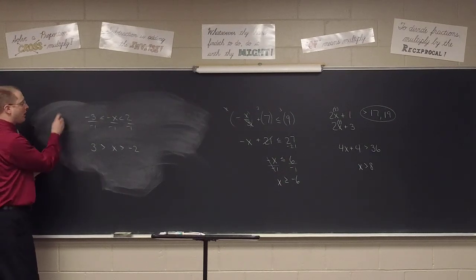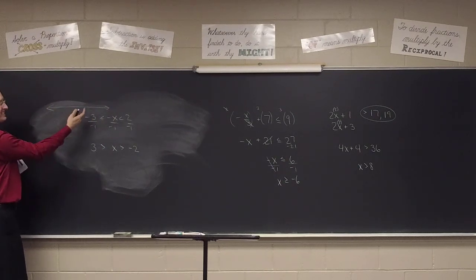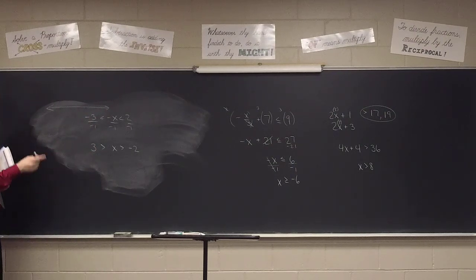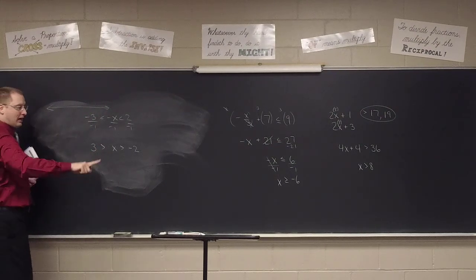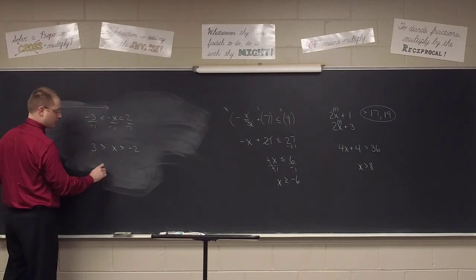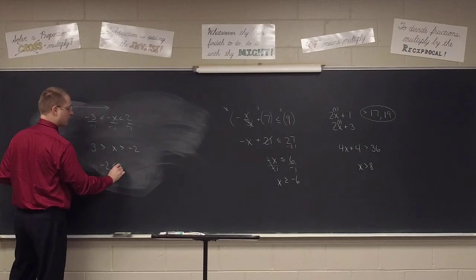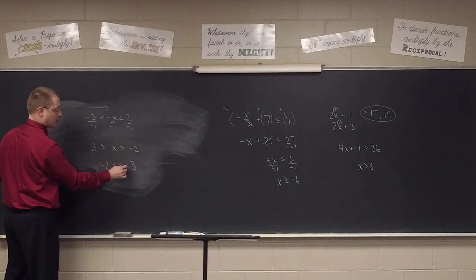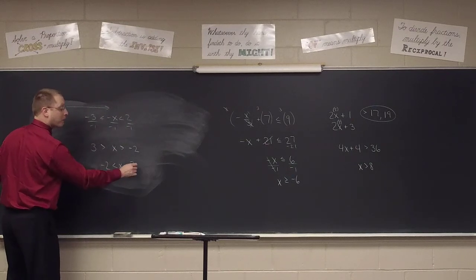Because remember, on the number line, 3 is not down here and -2 here. This is exactly backwards. So we said we have to flip the whole inequality around. Maddie, what did it look like when you reversed the entire inequality? Right, -2 is less than x is less than 3, because the point still needs to be aiming at the x and the mouth still needs to open at the 3.